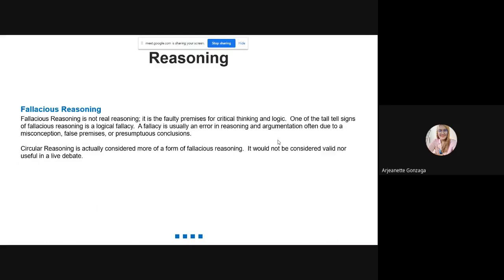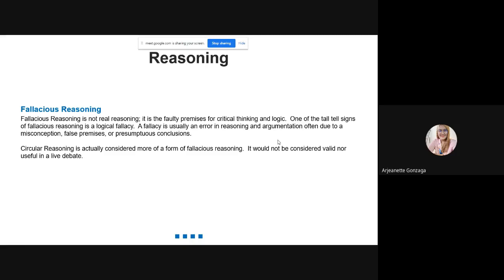Okay. So, next is fallacious reasoning. Fallacious reasoning is not real reasoning. It is the false premises for critical thinking and logic. One of the telltale signs of fallacious reasoning is a logical fallacy.